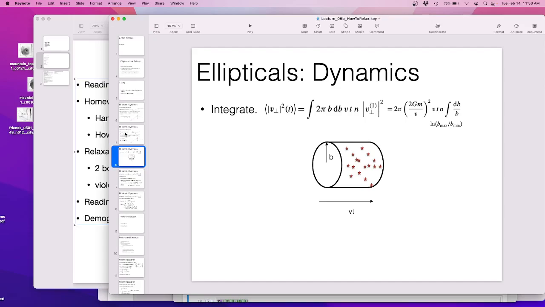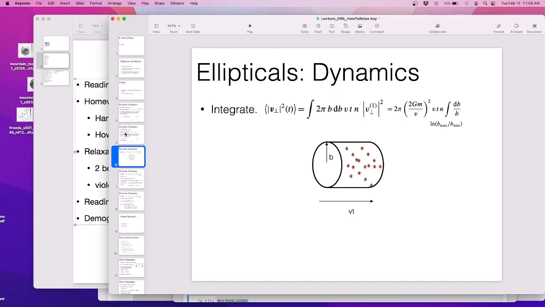Is that right? Be squared, yes. Oh, do I square that? Maybe there's a 2 in there. 2GM over vb squared? So what is dV? What is the volume element? This is the thing that I'm integrating. What are my extents?